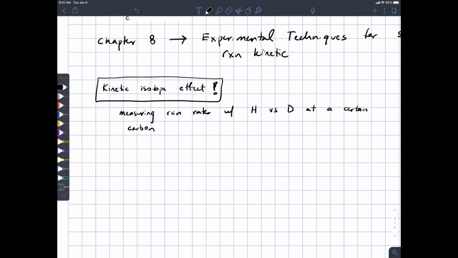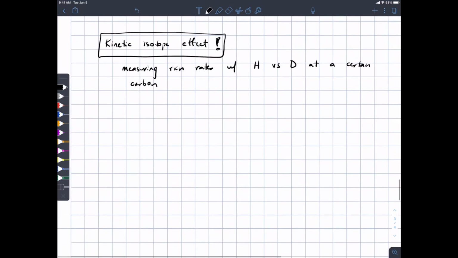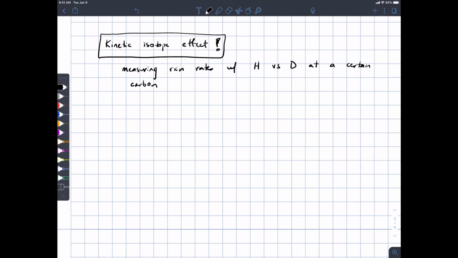So you're going to substitute one isotope for another at an atom where bonds are breaking, or at an atom where we're rehybridizing during a reaction. Or you might put the isotope substitution not at that atom, but near an atom, okay? So there are two places where we might make hydrogen versus deuterium substitutions.